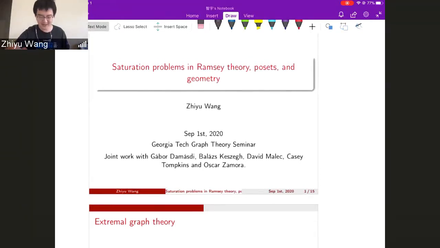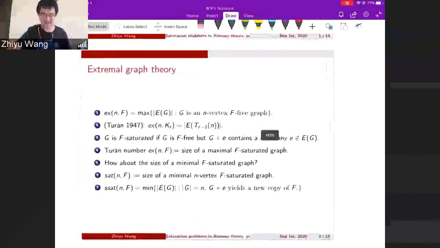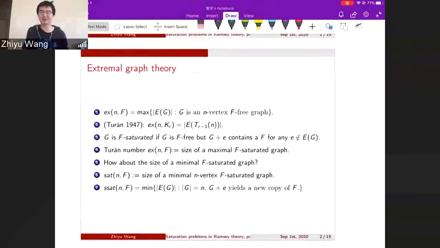Let me briefly talk about the relationship to extremal graph theory. A very quick background: given a graph F, the Turán number of F is the maximum number of edges in an F-free graph, which means that G doesn't contain F as a subgraph.